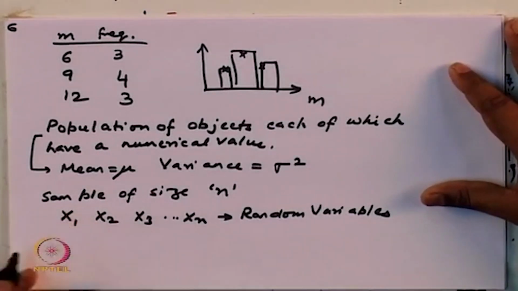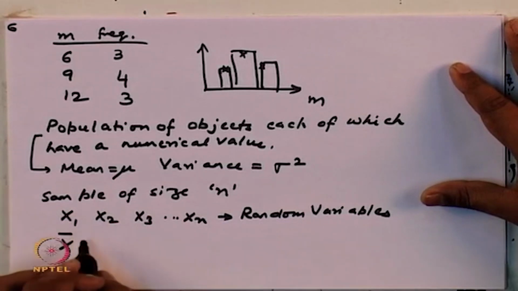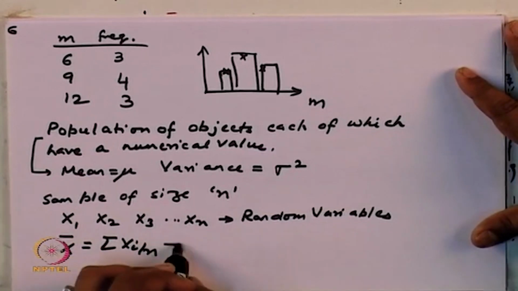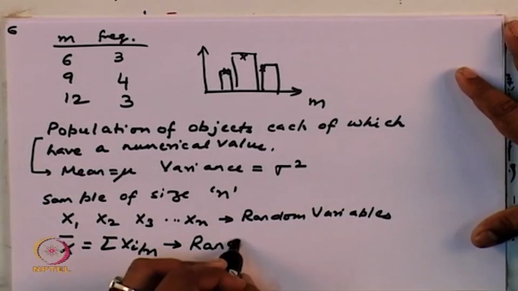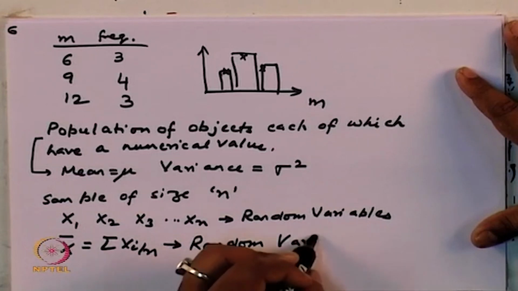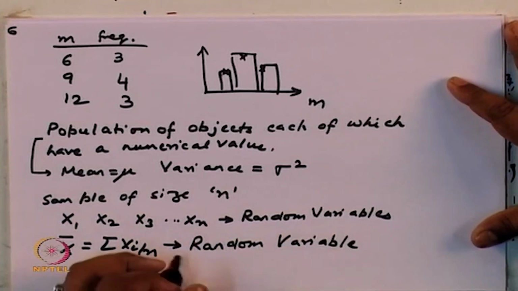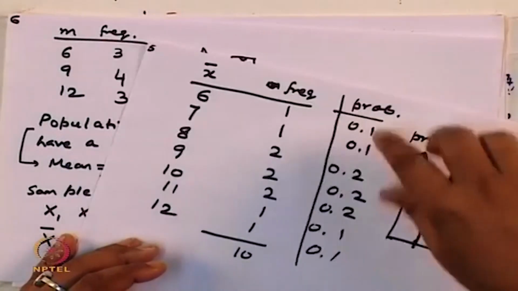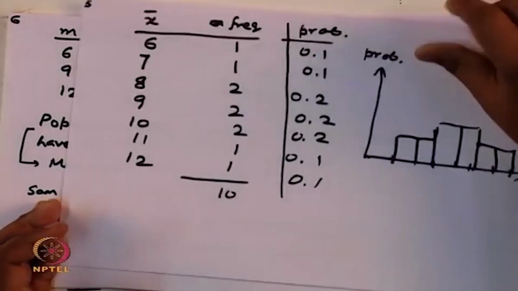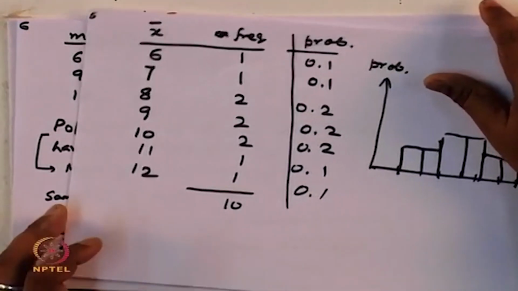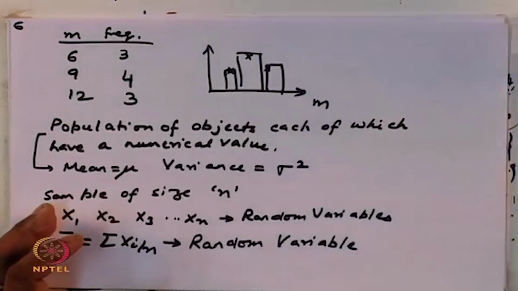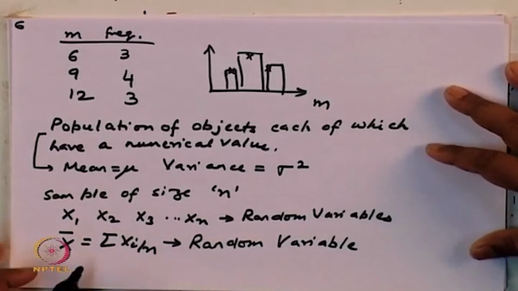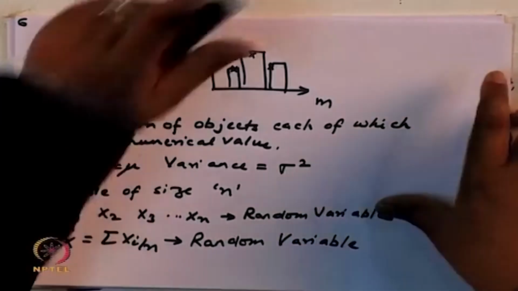This will also mean that the mean, if I define x bar equal to summation xi by n, x bar will also be a random variable, which will have a given probability distribution. This was the probability distribution for the sample mean that we calculated when we drew a sample of 3 from 5 numbers. Similarly, depending on your population size, you will get x bar. x bar is itself a random variable.